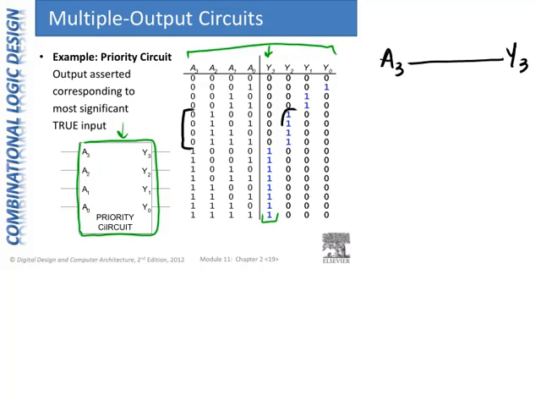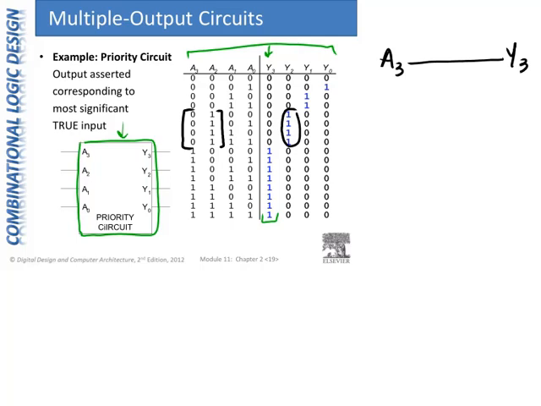Well, maybe we'll look at these cases where Y2 is 1. I could use sum of products and then minimize it using either K-maps or Boolean theorems. That's one thing we could do, and it would be pretty easy, especially with K-maps.